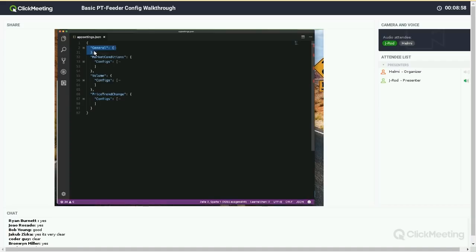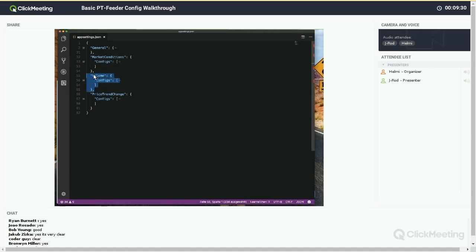The general and the market sections are kind of special. I'm coming back to that in a minute. All the other sections are pair-based configuration settings. We're coming to that too, but you can basically say everything that isn't general and market is pair-based configuration.